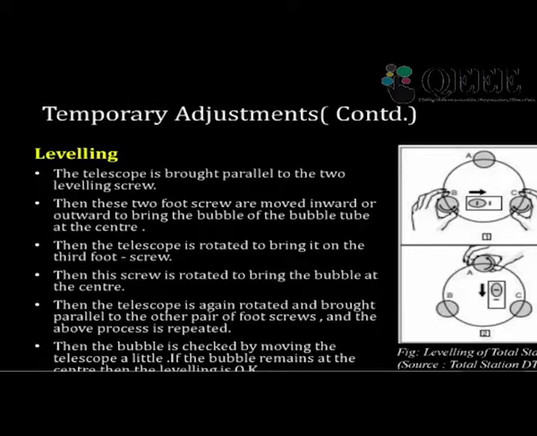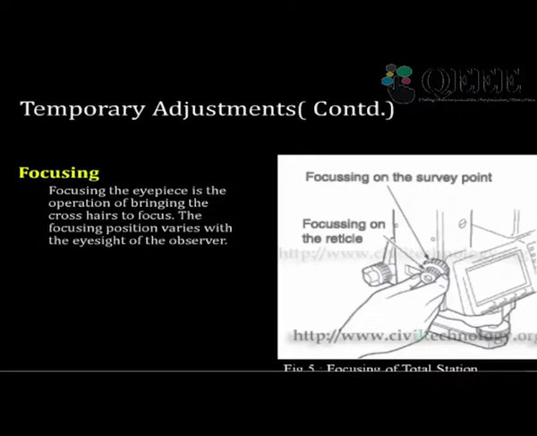Once it is level, if you rotate the telescope, it should be level in any direction. Then it indicates that the instrument is level. This leveling is common for all kinds of surveying instruments. Once that is done, you have to focus the target. For focusing, you will be using the eyepiece.